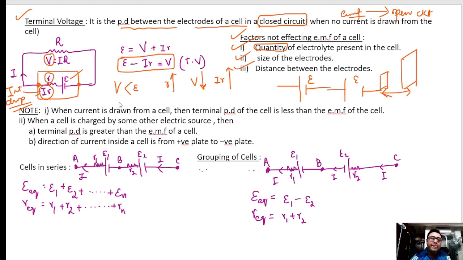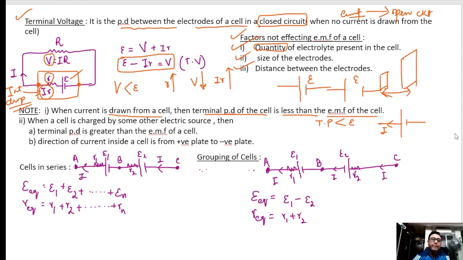Next, when current is drawn from the cell, when you take current out, then the terminal potential of the cell is less than the EMF of the cell. Mind it, the terminal potential will be less than the EMF when current is drawn from the cell. Drawn means you are using the battery, current is coming out of the battery.